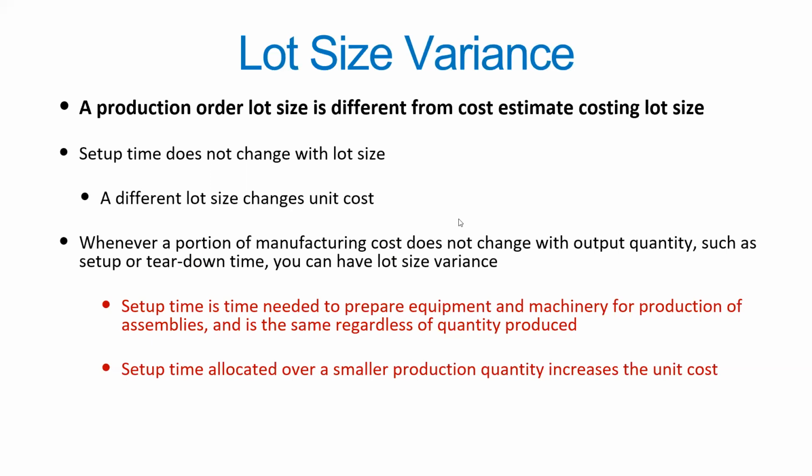The costing lot size should be about the size of the production order that you used to buy the components, or the lot size of the production order that you used to manufacture an assembly. If you base the cost estimate on a costing lot size of, say, 100, and you start manufacturing 10 of them, you're going to have a lot of this variance, because it's much more inefficient to create 10 of something than 100 of something, obviously.